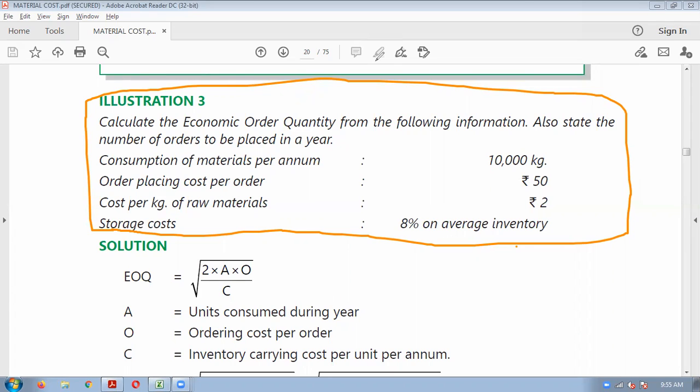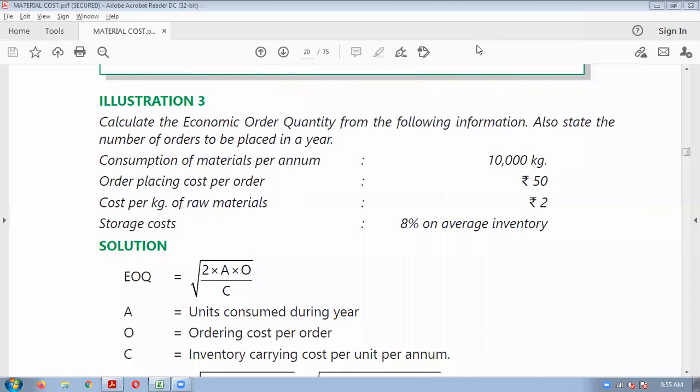Okay, so we'll solve the illustration now. What we have to find out is the economic order quantity. So we know the formula for economic order quantity. What is the formula?